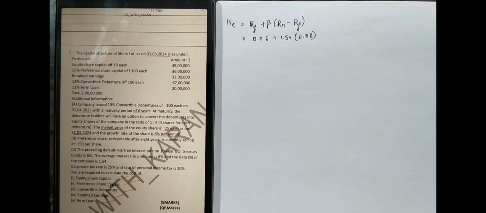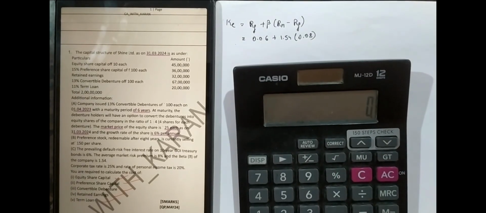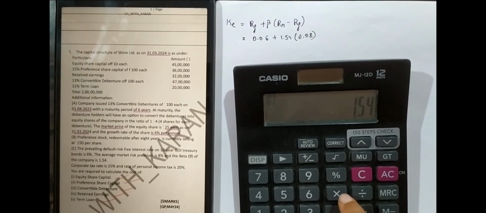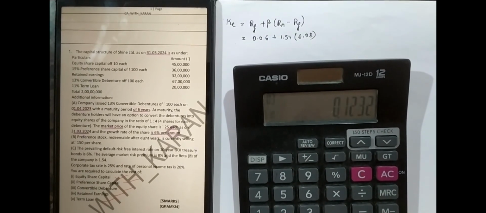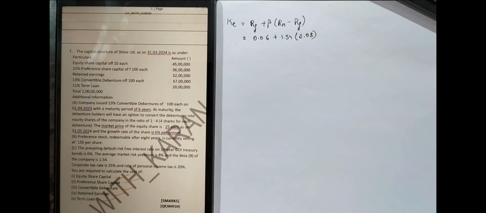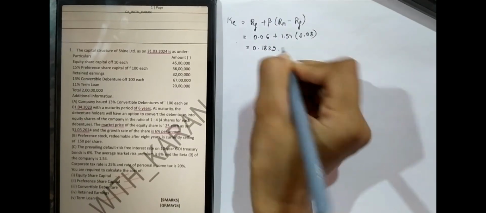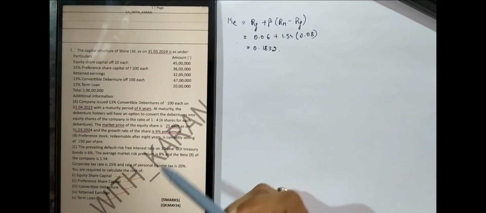So it comes out to be 1.54 into 0.08 plus 0.06, which is 0.1832. So KE is 0.1832.